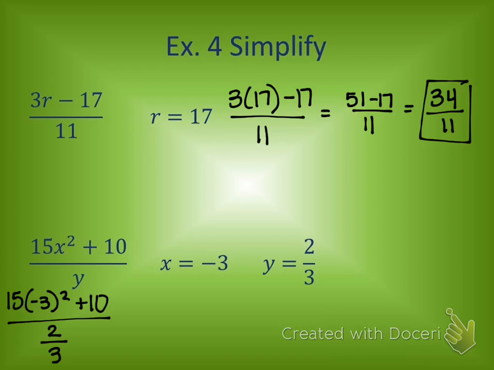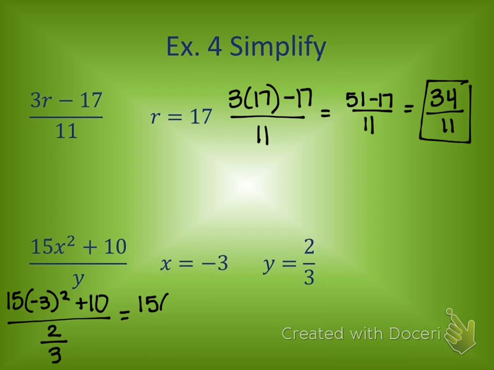So if I'm just looking at my numerator, what would I do first? Exponents. What is negative 3 squared? Positive 9. Why would that be a positive? Because there's two negatives. Negative 3 times negative 3 is positive 9.